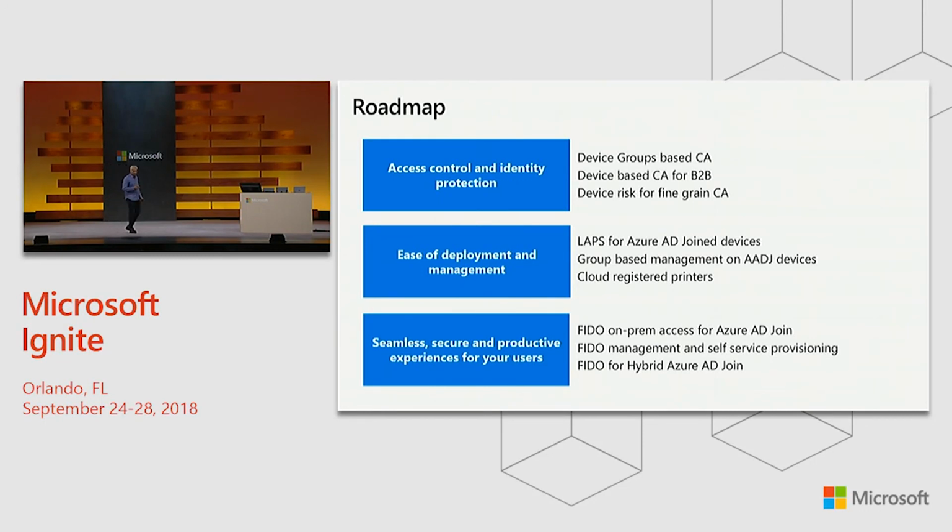So that's a capability we want to bring in. That's one of the key asks for our Azure AD join scenario. Then group-based management is on similar lines, giving the ability for the admin to decide who should be the admins, or which user should be added to the administrator group when they join the device.